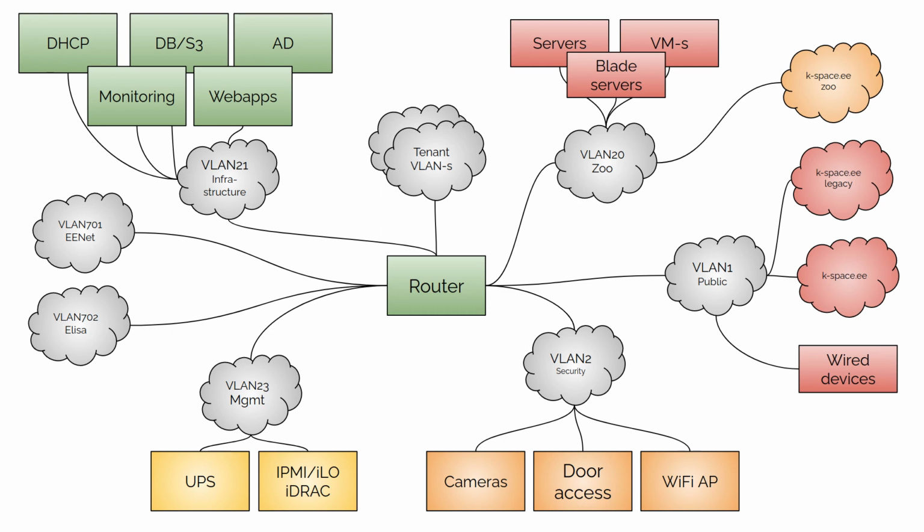Now VLAN 21 is the one that is restricted to the server room only. That's where we have our trusted services. And in the middle, we've got the router, which actually imposes all of the restrictions regarding the traffic flow from one VLAN to the other.